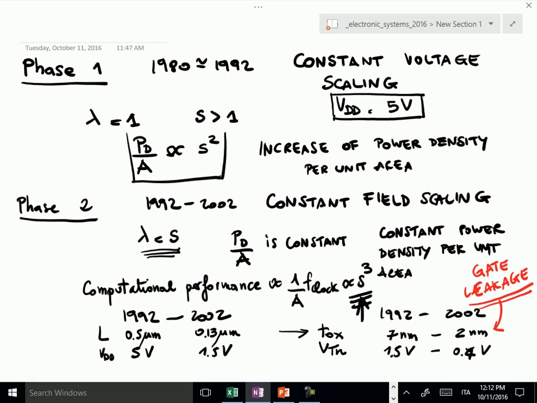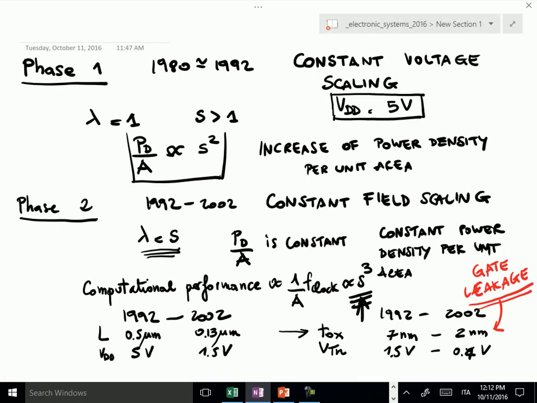Okay, but of course we go back to the problem that we had before. This increase of power density per unit area, and in order to solve this aspect, the only thing that could be doable was to reduce the clock frequency.